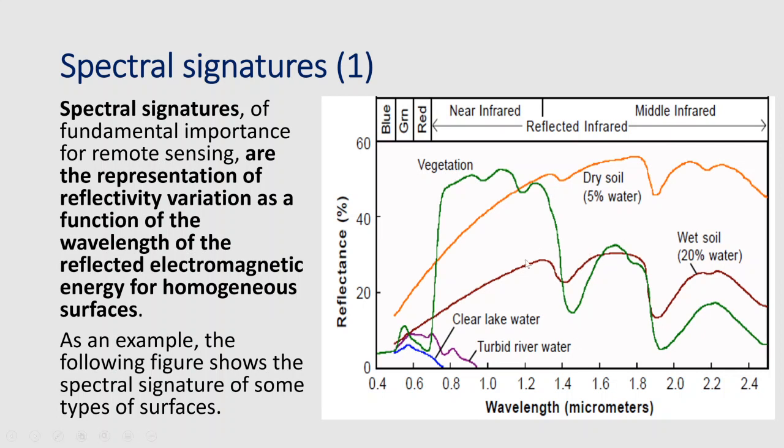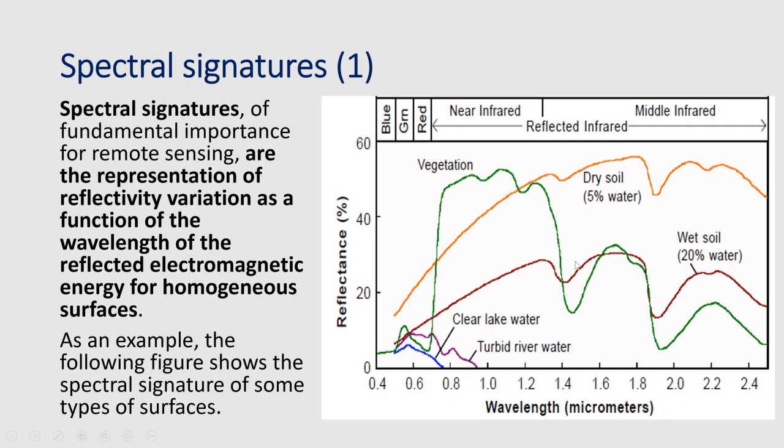Then here you have, with this maroon and orange spectral signature, the dry soil with 5% of water content and the wet soil, that means the same soil with 20% of water, and you see that they have a very different curve, especially in the infrared.